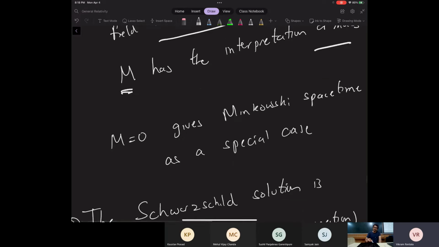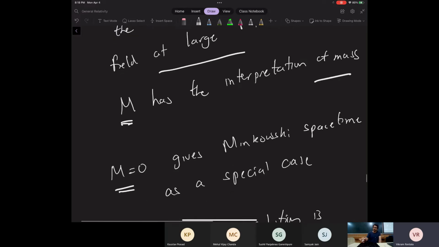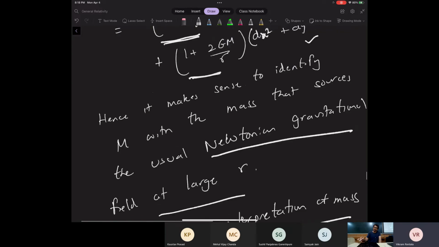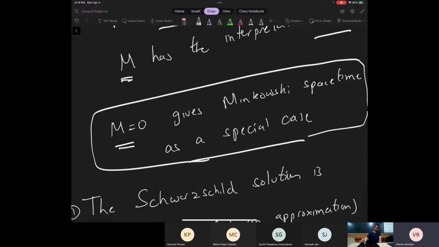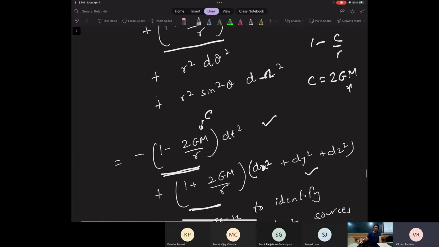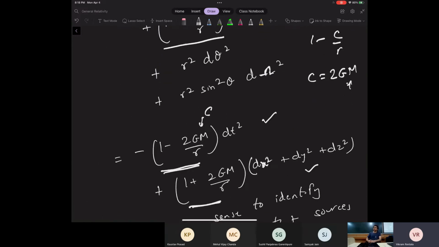So you have a family of solutions with all values of m. m equal to 0 gives Minkowski spacetime as a special case, because if I plug in m equals 0, I get back my standard Minkowski solution. Minkowski spacetime we know already has time translation invariance and rotation invariance.